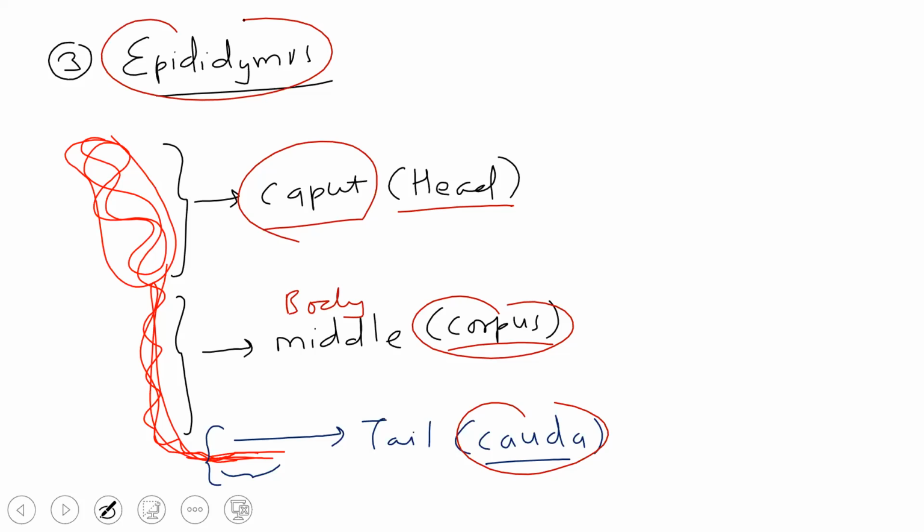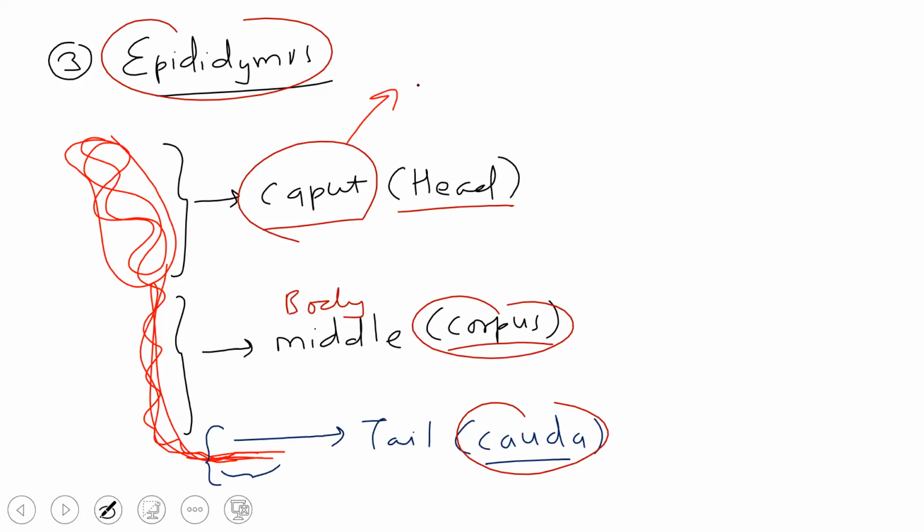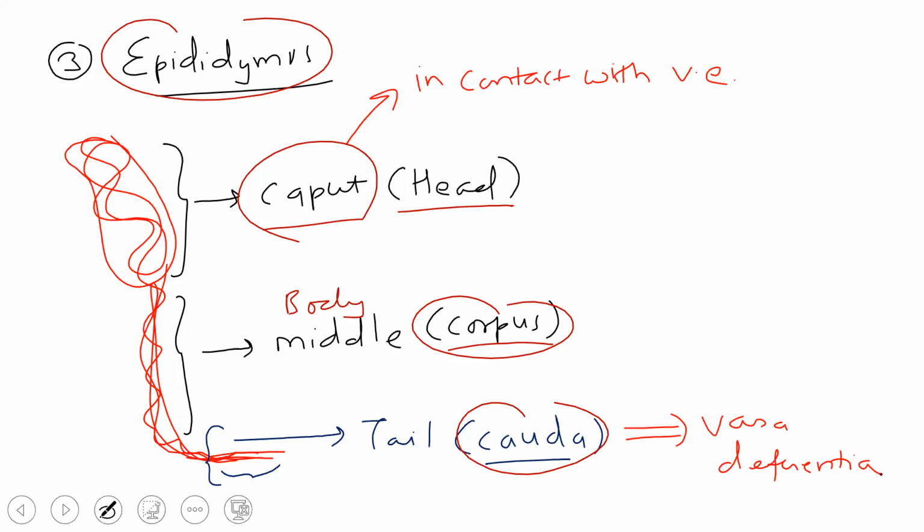So which part is in contact with the vasa efferentia? Caput is in contact with vasa efferentia. Okay, vas deferens is different. Keep that in mind. Then coda will go into where? Coda will go into vas deferens.